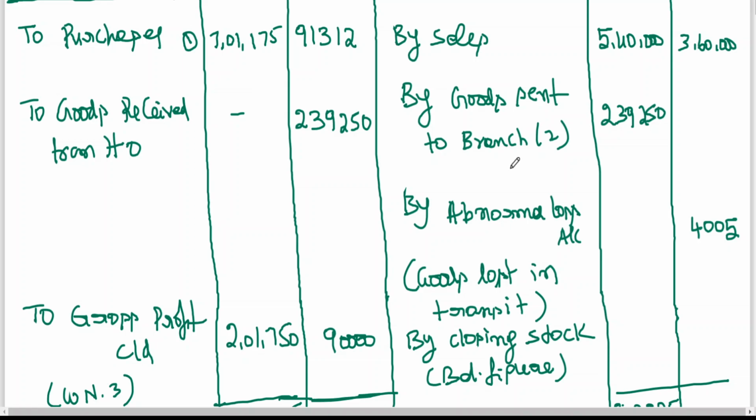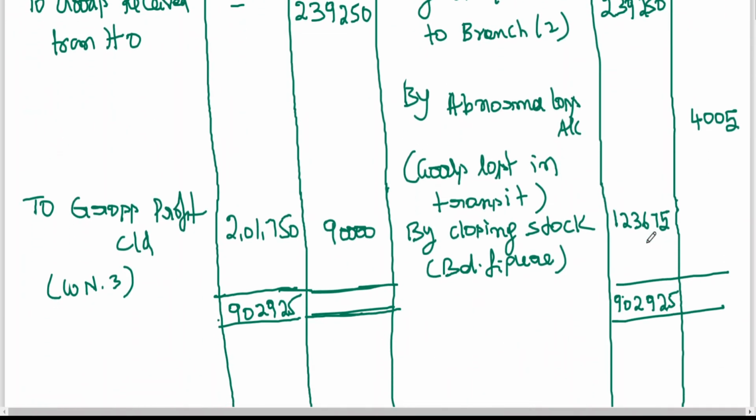It is coming to 1,23,675. This is your closing stock balancing figure.